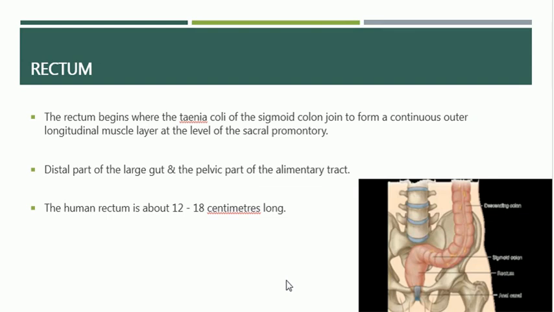Before going to the different aspects of the surgical anatomy, I would like to tell about the embryology of the rectum, how it develops embryologically. Now the embryological hindgut forms the upper rectum. So the embryological origin of the rectum has two parts.